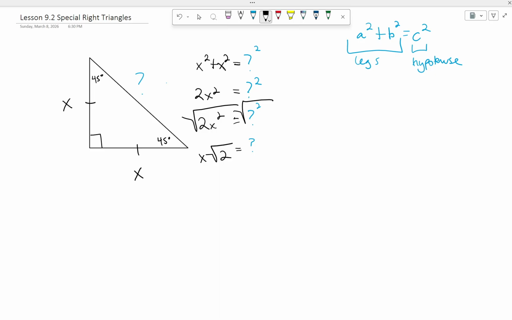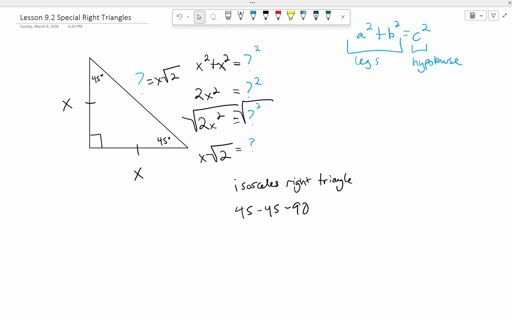So this is going to be x rad 2. This is what is called an isosceles right triangle, which is a 45, 45, 90 triangle.